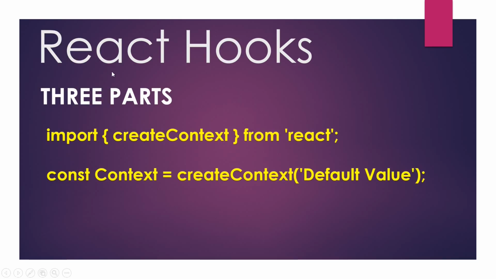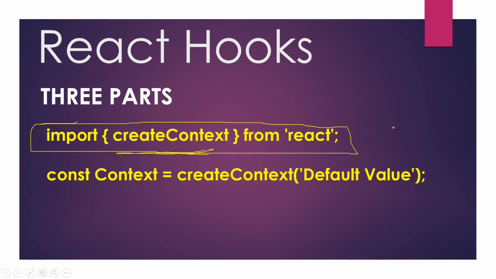Now if you want to use this hook, first you need to import createContext in the header section. Then we will use this function to create the context and pass some default value here.